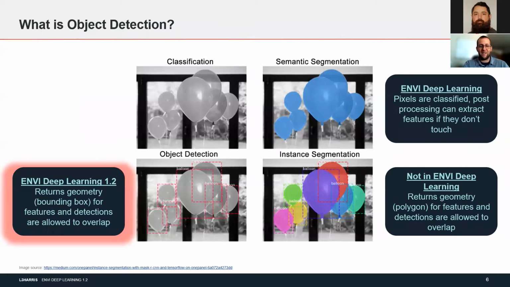All right, so now let's talk about object detection and what we've added to this release. There's a couple different types of deep learning, actually more than a couple, there's a lot. This is an image that I got from a blog post. You'll see the URL to it down in the lower left. Starting in the top right with semantic segmentation or pixel classification, that's what we've had already in ENVI Deep Learning.